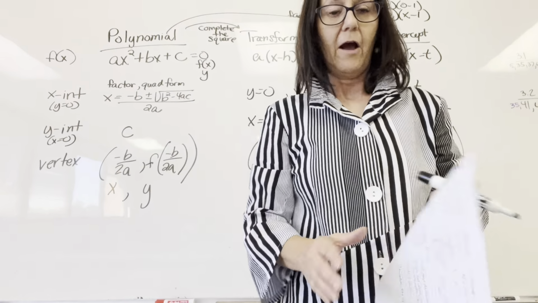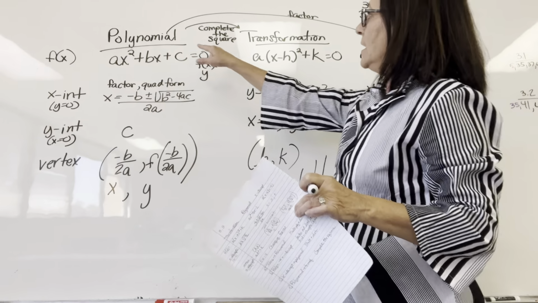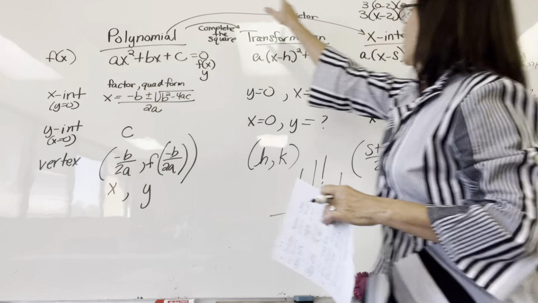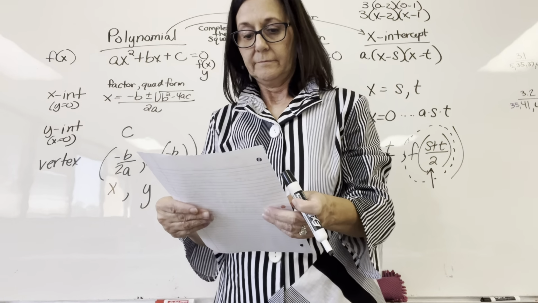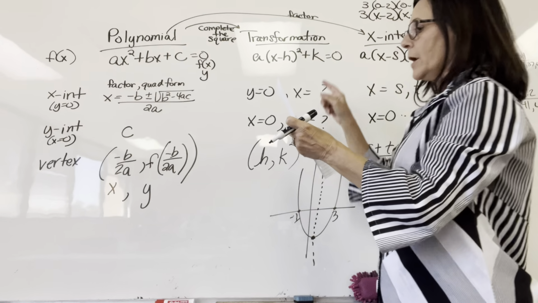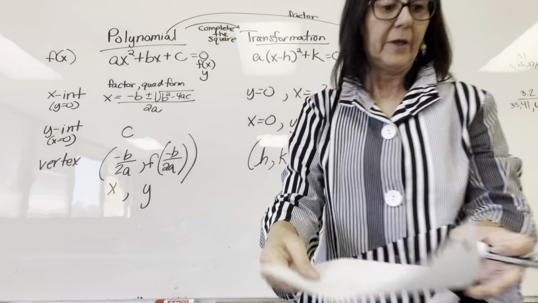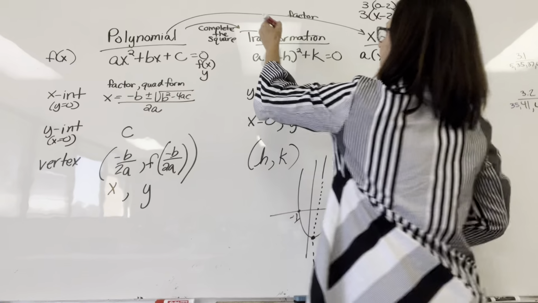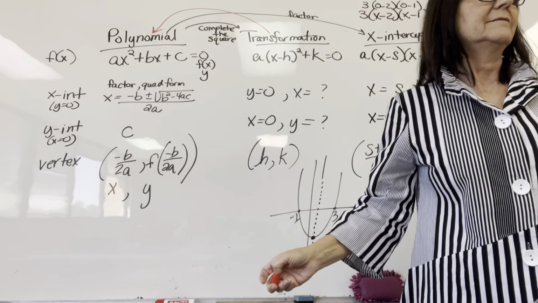Okay, I also gave you on the sheet of paper how to change forms. From polynomial to transformation, I'm completing the square. From polynomial to x-intercept, I'm factoring. But look, on this sheet of paper, if I want to go from transformational back to polynomial, I'm just multiplying and simplifying.